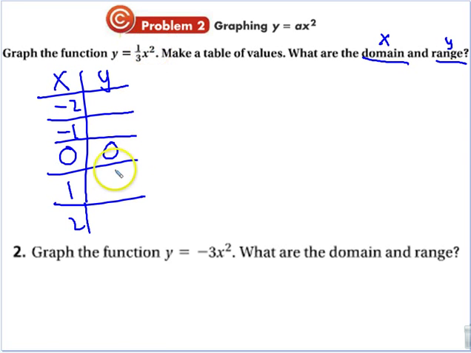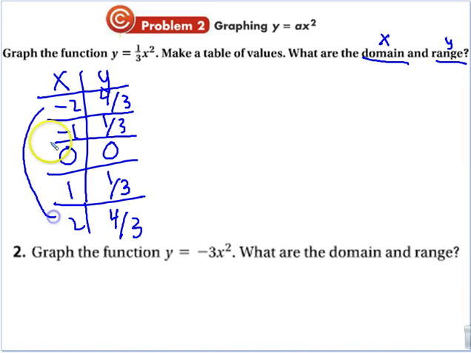If I plug in a 1, I get 1/3. If I plug in a 2, I get 4/3. Now look what happens. If I plug in a -1, I also get 1/3. If I plug in a -2, I also get 4/3. So you see that we have what's called symmetry. Those numbers are the same. So really, when you think about it, we only have to do half the work.